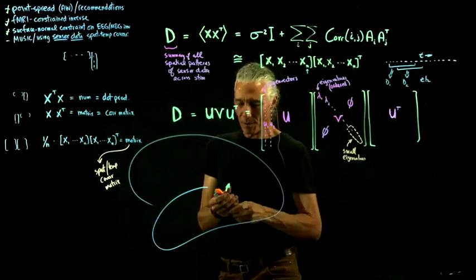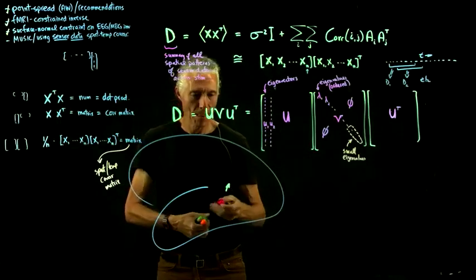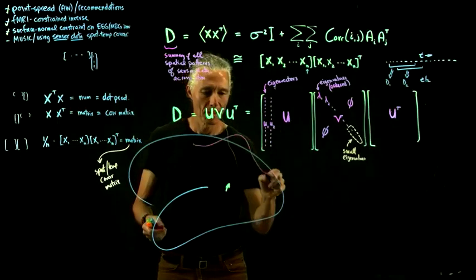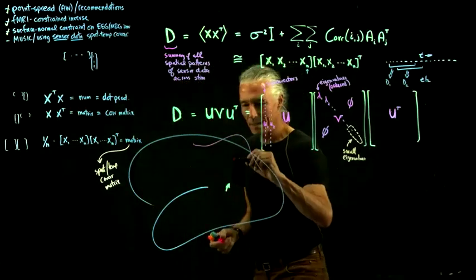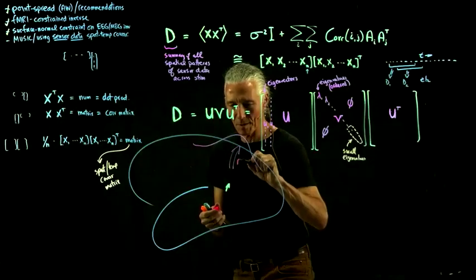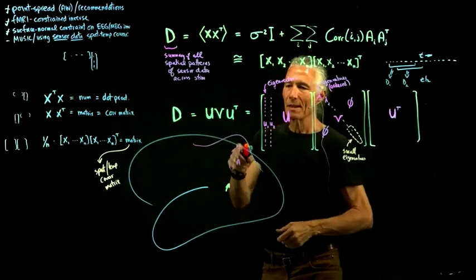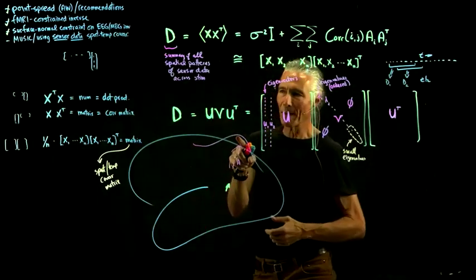And so what we can say is, let's calculate the forward solution of this one. Calculate the forward, multiplied by the A matrix. The forward solution will generate a spatial pattern.